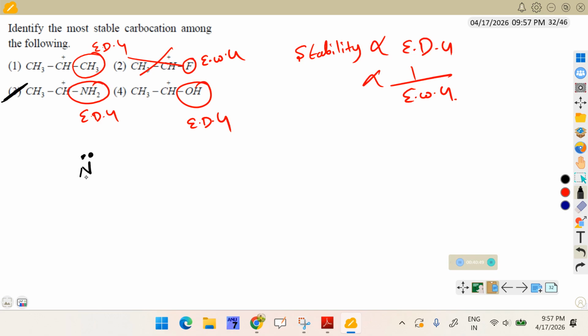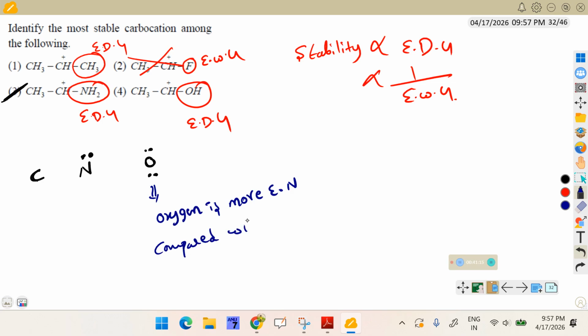Because nitrogen contains a lone pair of electrons. Carbon does not contain lone pair of electrons. Sir, oxygen also contains lone pair of electrons. Yes, oxygen also contains lone pair of electrons. At the same time, oxygen is a more electronegative element compared with nitrogen. Absence of lone pairs, it is ruled out. Oxygen lone pairs are present, but oxygen is more electronegative than nitrogen, so based on that, the third option.